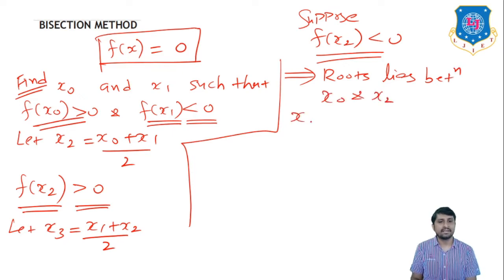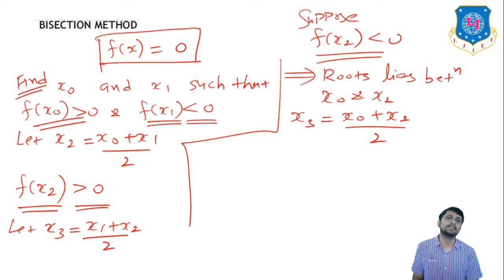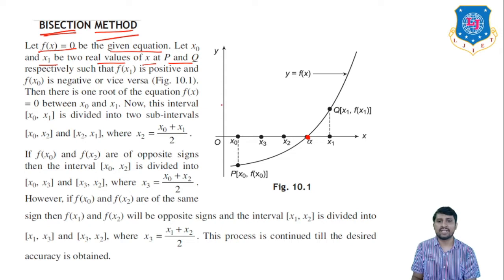So your next approximation is the average of x0 and x2, so x0 plus x2 divided by 2. This is case 1, because we assumed f of x2 greater than 0, and this is case 2, where f of x2 is less than 0. Continue this process.